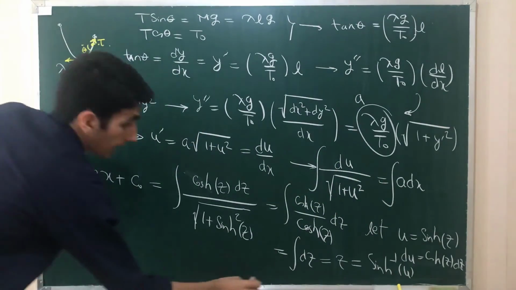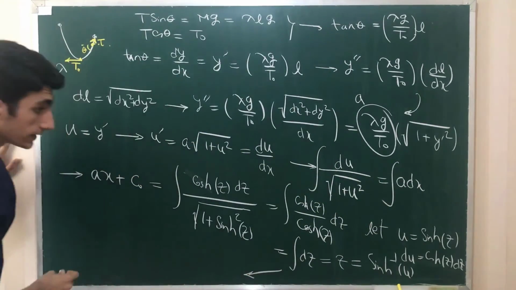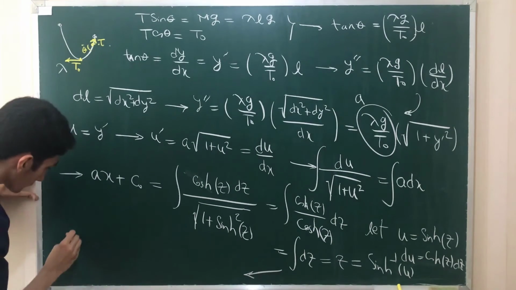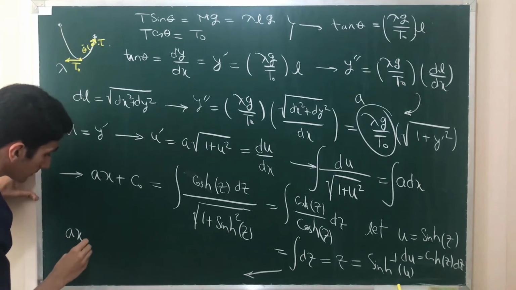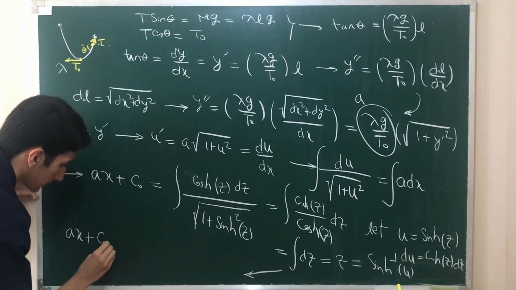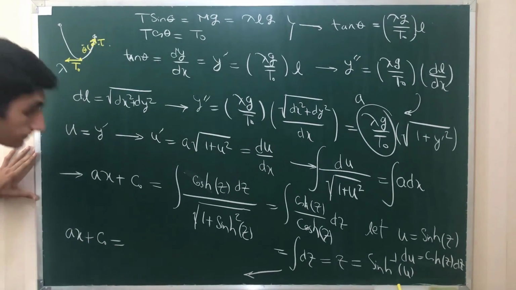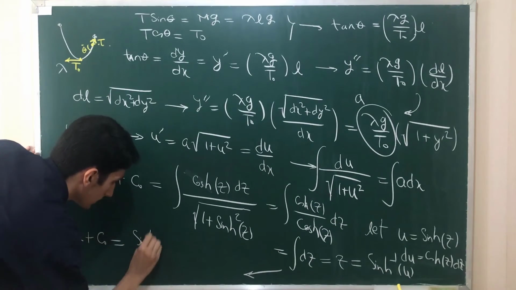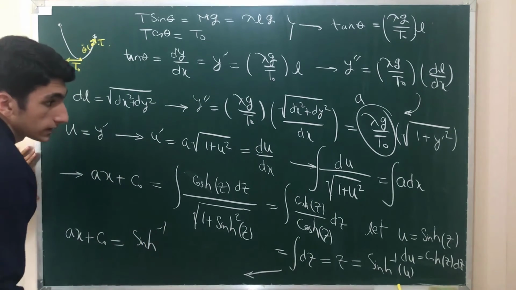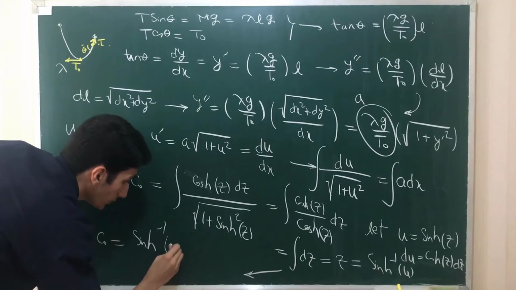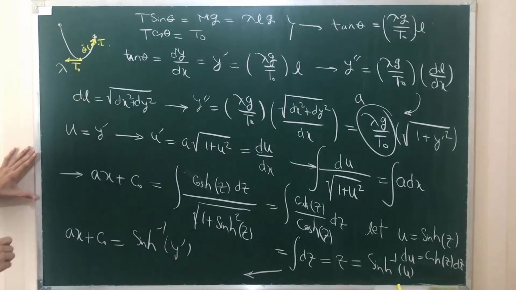So what I have here is that a times x plus its integration constant c0 is equal to inverse hyperbolic sine of u, which is the same as y prime.